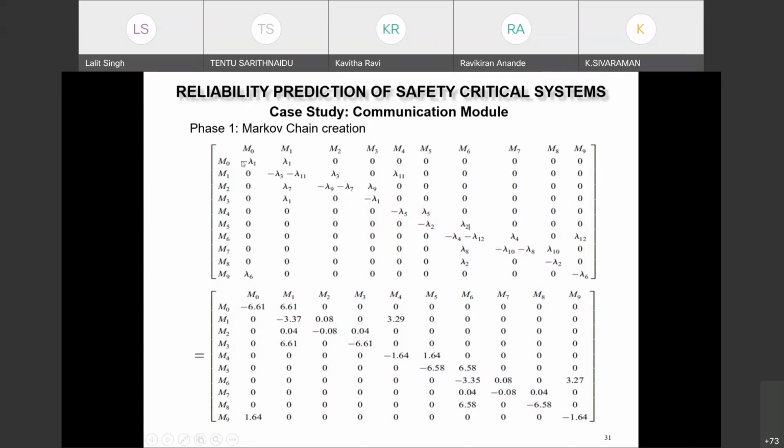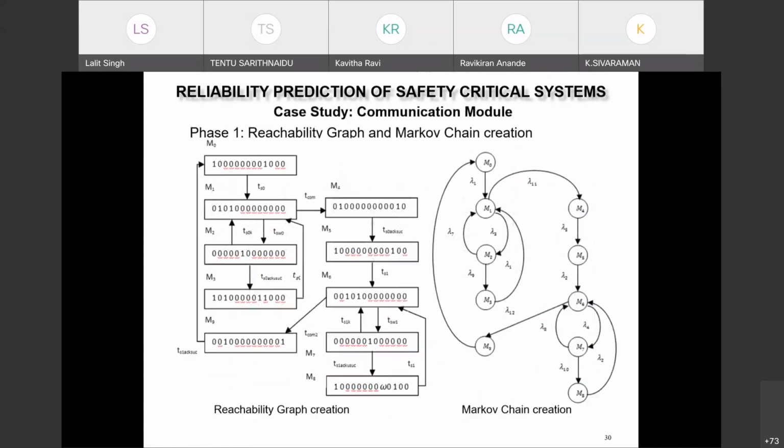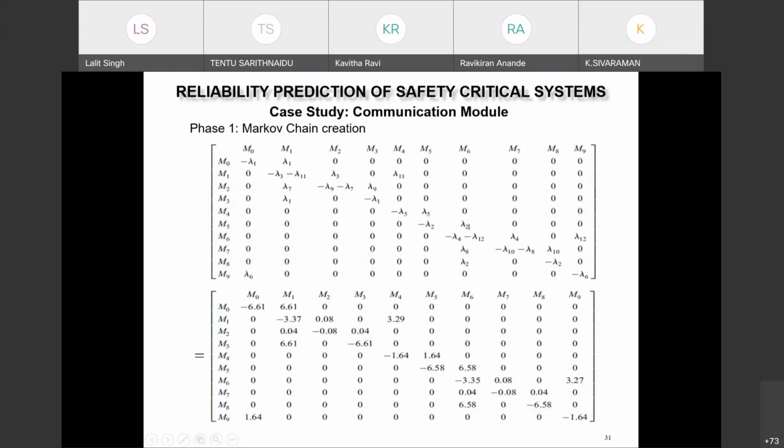The rows list all the states, and we have to fill in all the elements of the transition rates. So all the lambdas we can fill in. For example, in this figure, from M0 it can transit to M1 with lambda 1, so you write from M0 to M1 the transition rate lambda 1. And the self transition rate will always be the minus summation of these, as we have seen in the first equation.